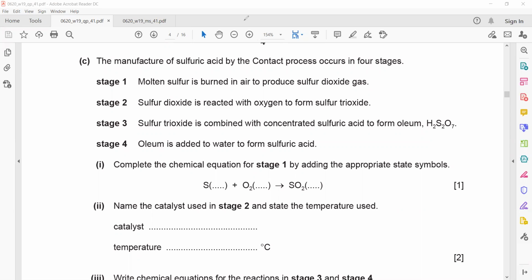Sulfur exists as a solid, a yellow solid. Oxygen exists as a gas, and sulfur dioxide is also a gas. Sulfur is a non-metal, but it exists as a solid at room temperature with a low melting point. It's a yellow solid.